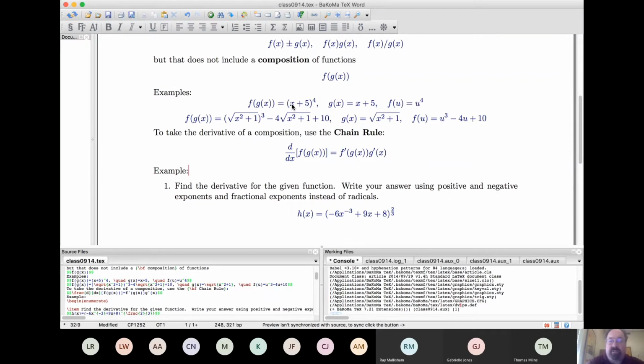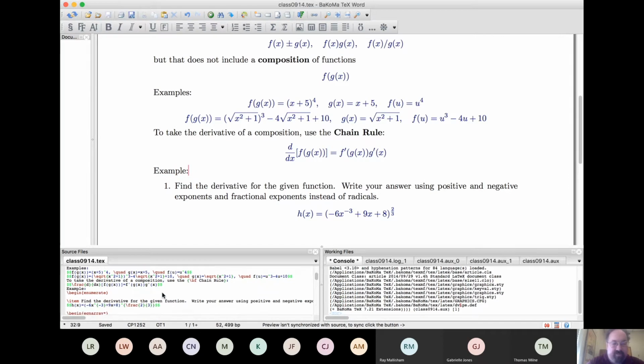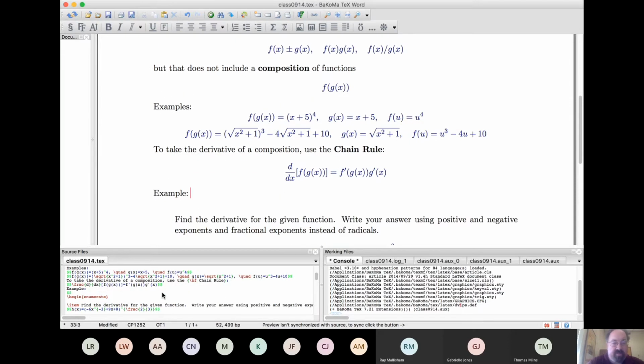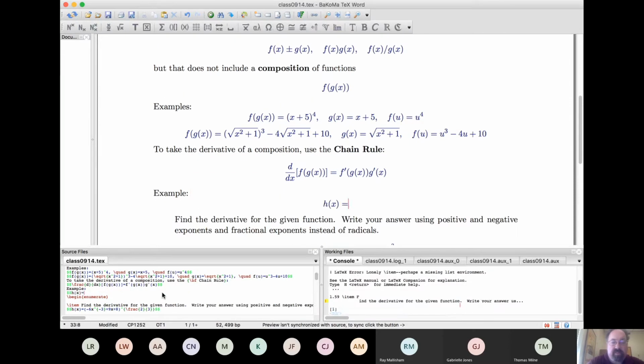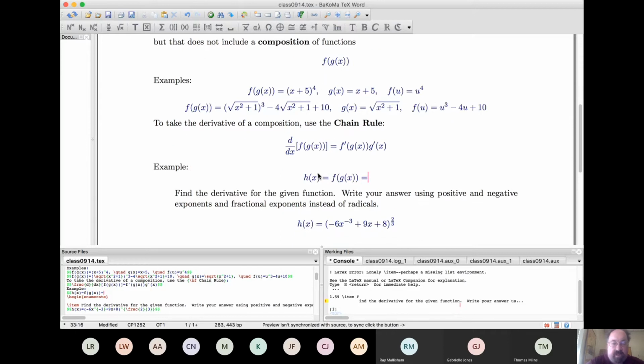As an example, I'll make up a more interesting one. And we'll see several more examples through the problems.